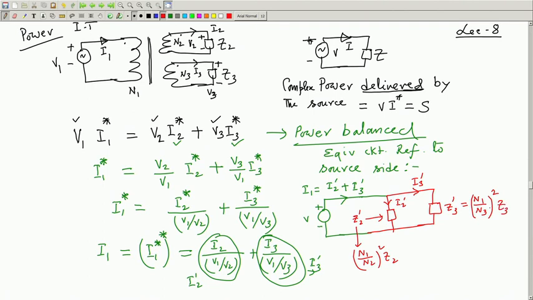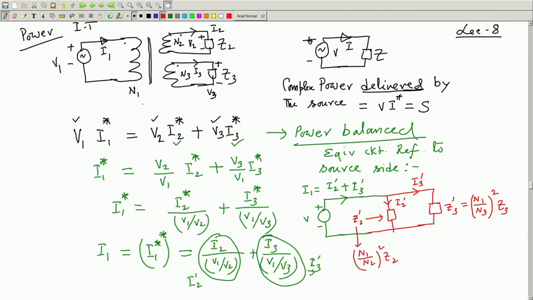So, you see, if there are several secondary coils and each one of them is supplying load, then the equivalent impedances referred to the primary side will not be in series, they will be in parallel. So, a lot of problems you will be able to handle when ideal transformers are connected in different ways, supplying different kinds of load.